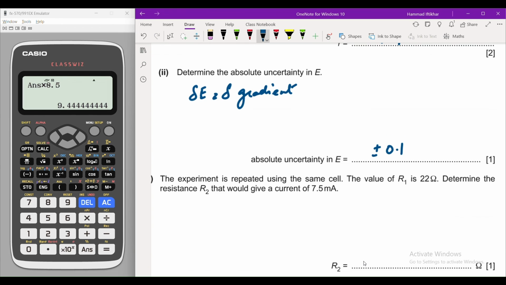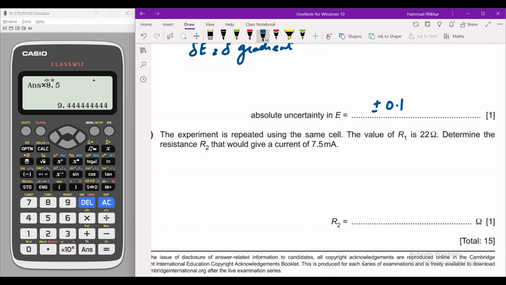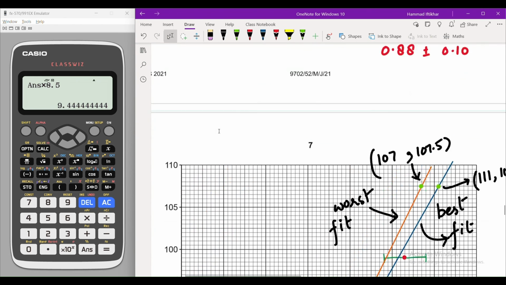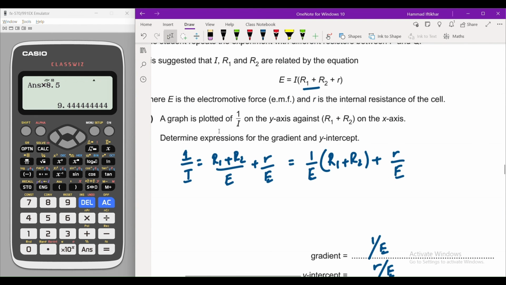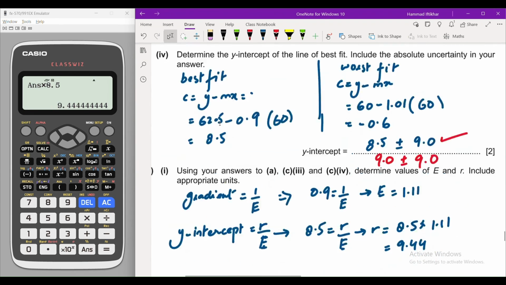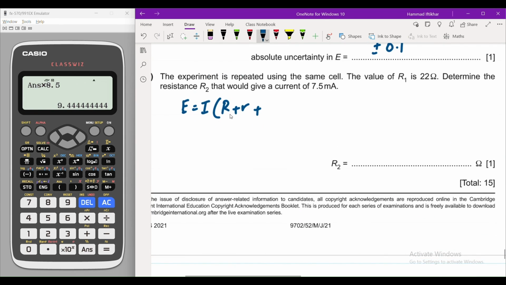The experiment is repeated using the same cell. The value of R1 is 22 ohms. Determine the resistance R2 that would give a current of 7.5 milliamperes. So we have the equation: R1 plus R2 plus small r.